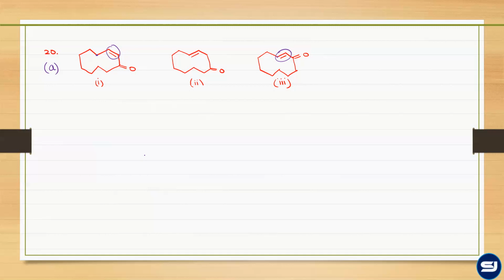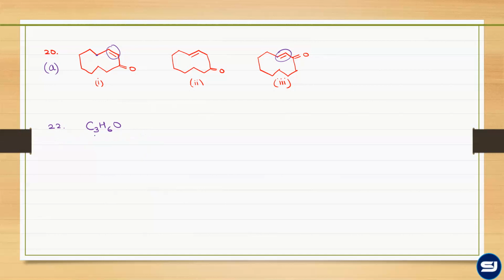Understood. Yes, sir. Then 22nd, write all carbonyl compounds with molecular formula C3H6O and then on reaction with excess of NH2OH, how many total isomeric oximes are formed?